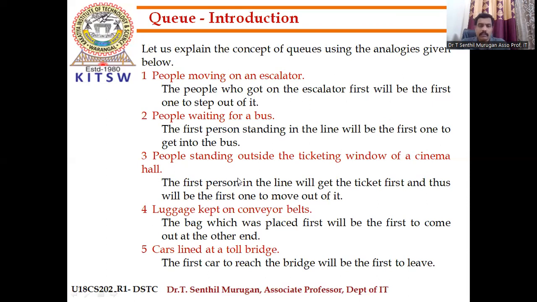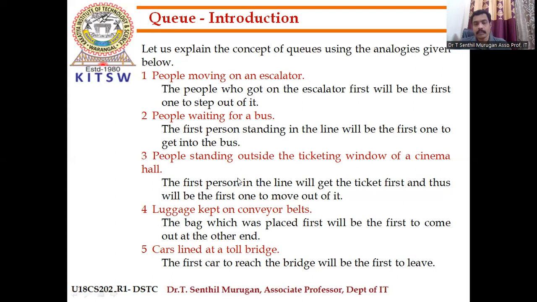So same like that, wherever we are following the queue. For example, in a ration shop, or a voting booth, you will stand to give your vote for the elections. There also we are following the queues. Example, luggage kept on the conveyor belt.